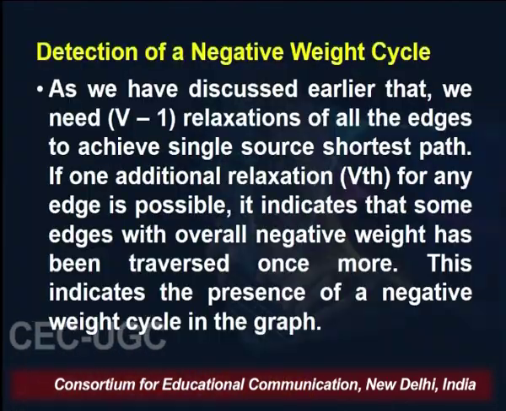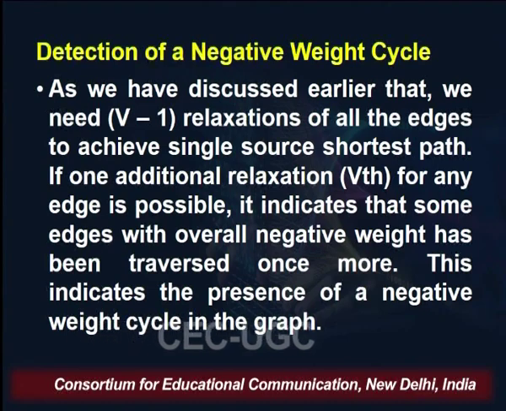So, till 3 relaxations, it is going to calculate the shortest path. But for the 4th iteration of the relaxation, if it is possible for any of the edges, this indicates that some edges with overall negative weight have been traversed one more time, and this indicates the presence of a negative weight cycle in the graph.